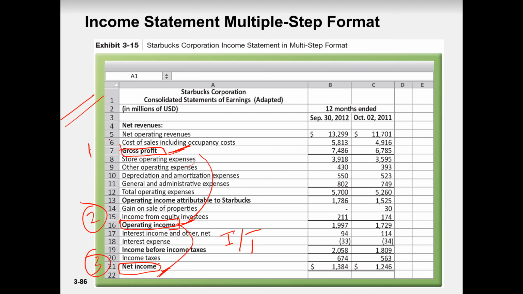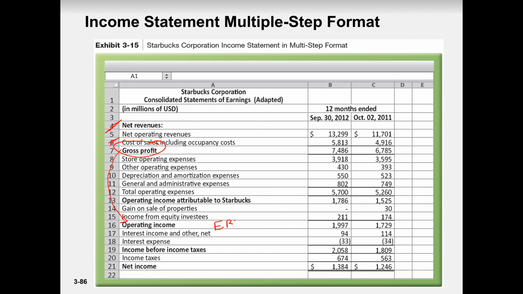But normally organizations follow this multi-step format. So you can also memorize it simply: revenue minus cost of goods sold is the gross profit. From gross profit, all the admin and selling expense, you find out operating income. In finance, we also call this earnings before interest and taxes, EBIT. And from EBIT, you deduct interest and taxes, you have net income.